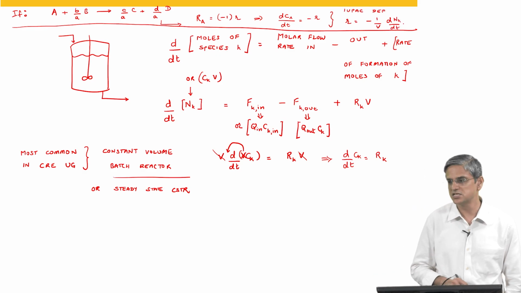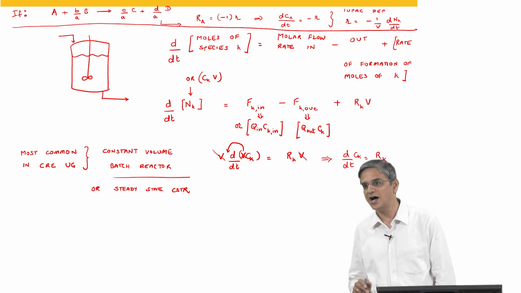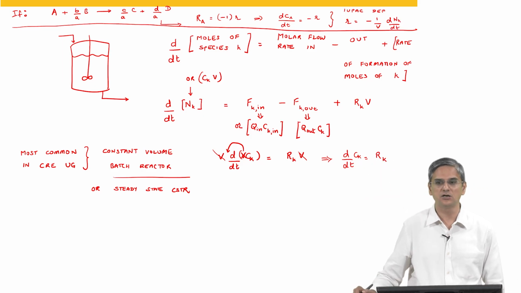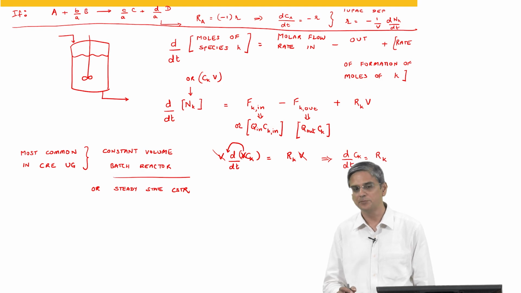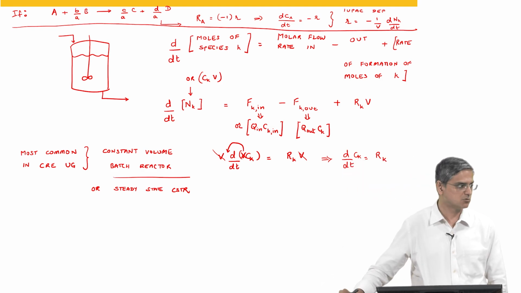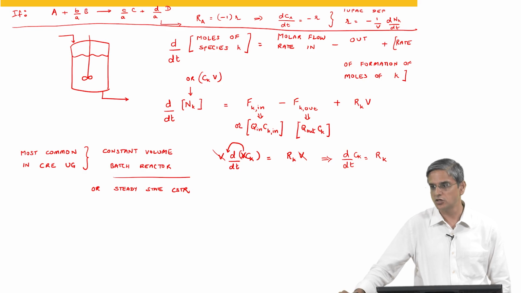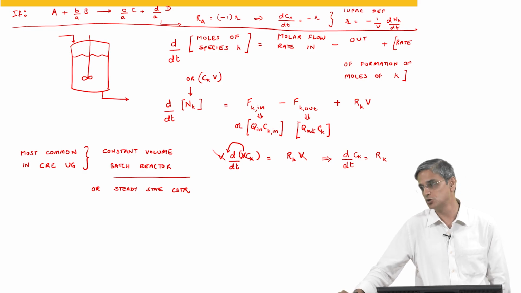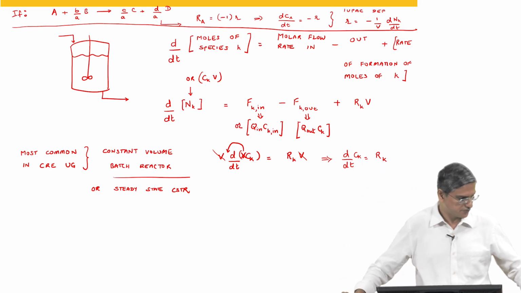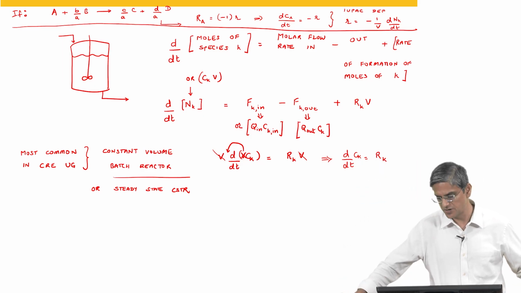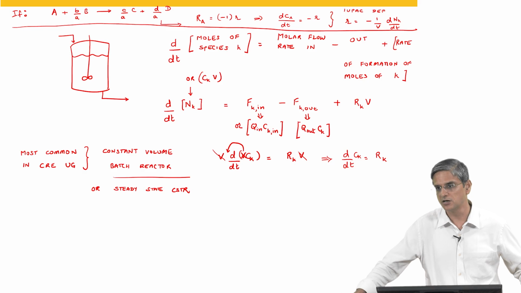So, this is the genesis of the IUPAC definition. The IUPAC definition is not really the definition of the rate of reaction, but a consequence of the mass balance on a constant volume isothermal batch reactor. In your textbooks it is mentioned a couple of times, so I just wanted to do that clarification.